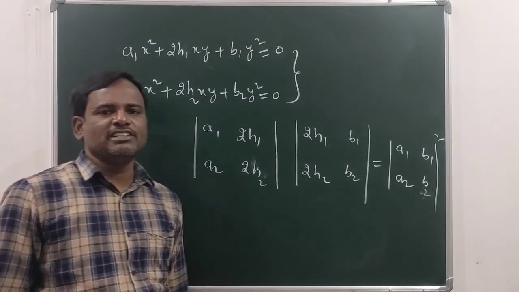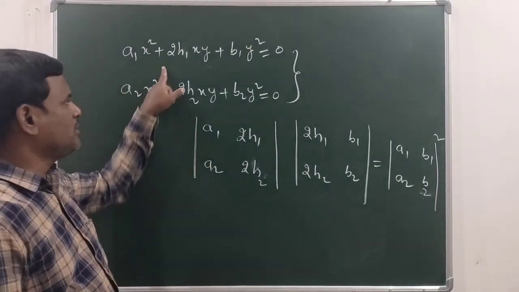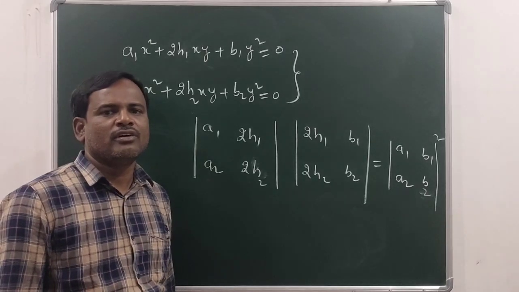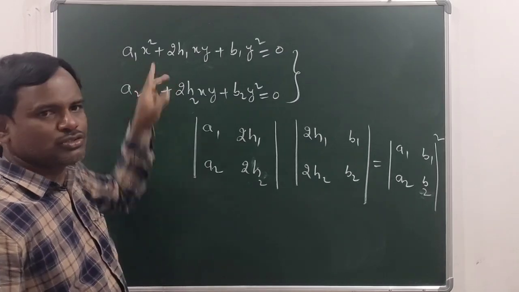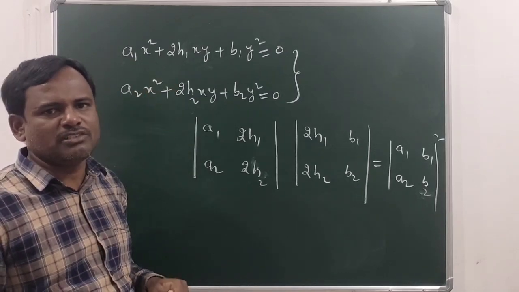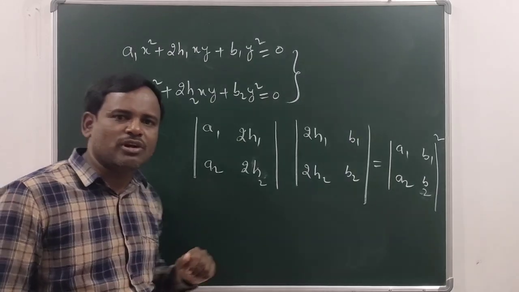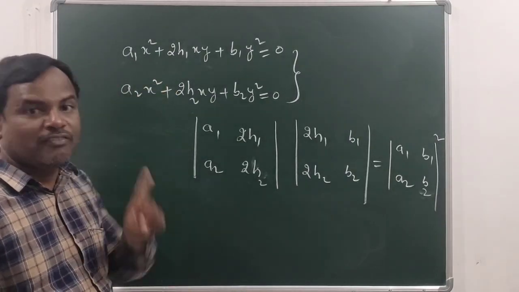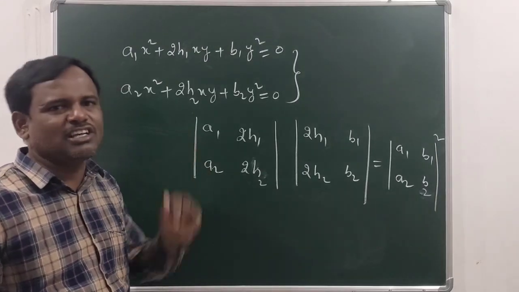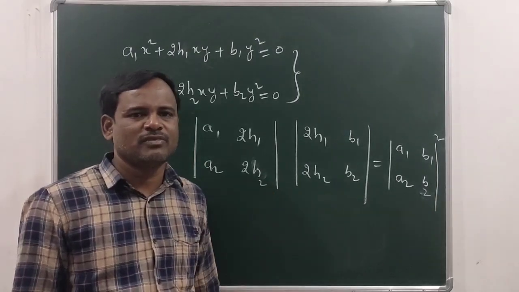When do you get this condition? Whenever each of these two pairs constitutes two lines passing through the origin, and in these two, one line is common. If one line is common, then we get this condition.